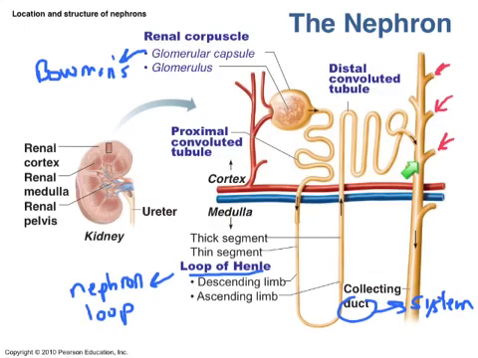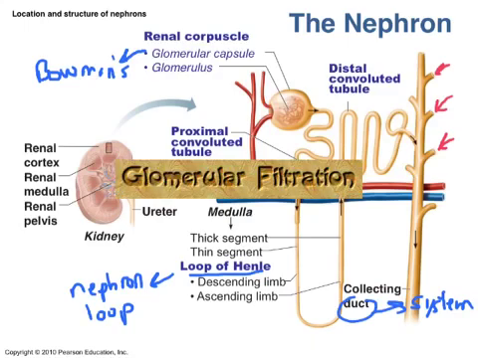There are 3 processes that occur along the nephron in order to make urine. The first is glomerular filtration. As you might guess from the name, glomerular filtration happens at the renal corpuscle. Glomerular filtration is basically the process of the blood pressure in this knot of capillaries, the glomerulus, forcing plasma out.